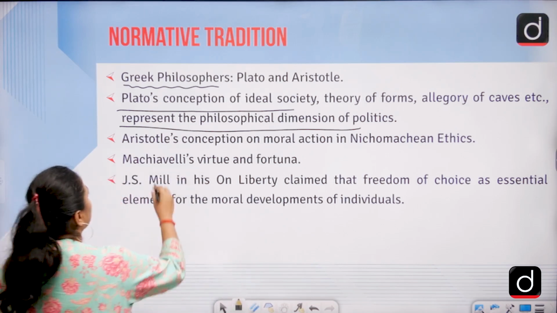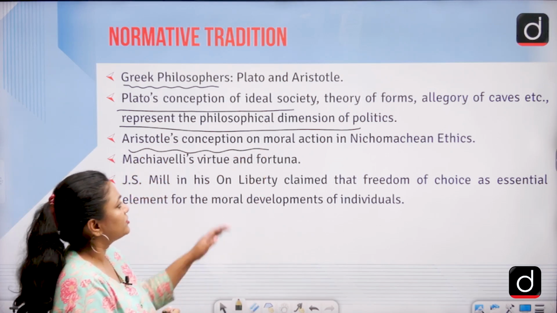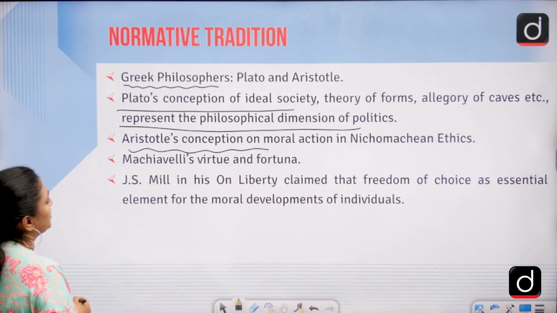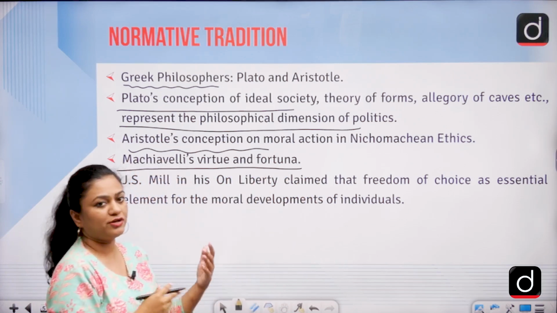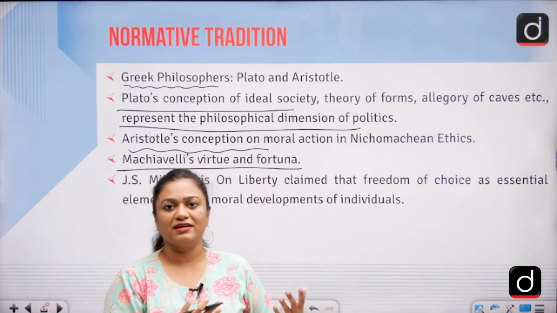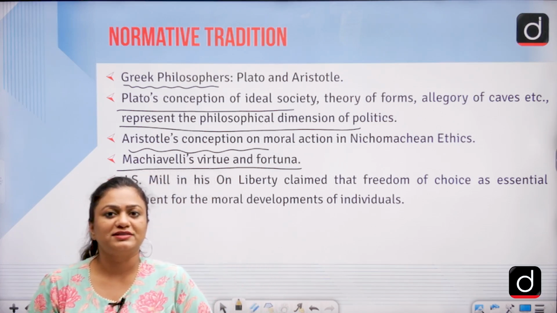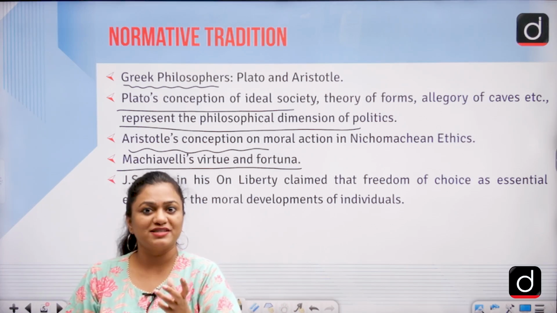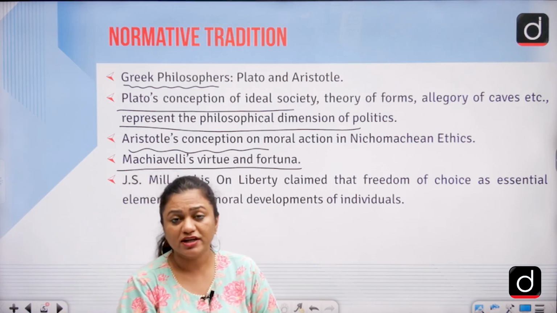Okay. Now Aristotle's conception of moral action in the Nicomachean Ethics also represents what we call the normative tradition. Then after, Machiavelli's virtue and fortuna, his idea of fortuna, in his book The Prince, where he tells us how the king needs to be changeable, flexible, and needs to change his behavior in accordance with the context.